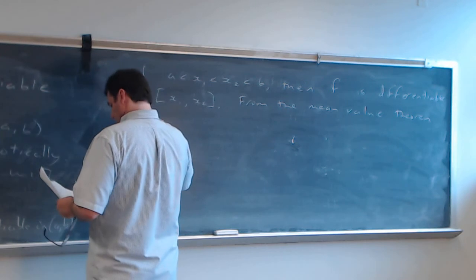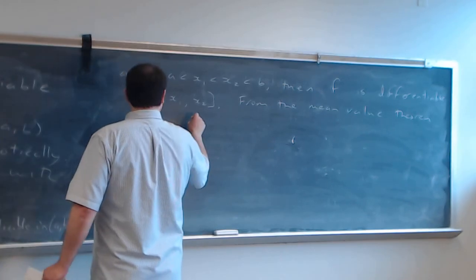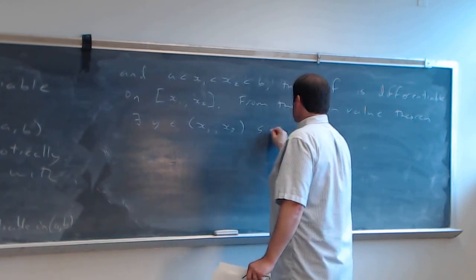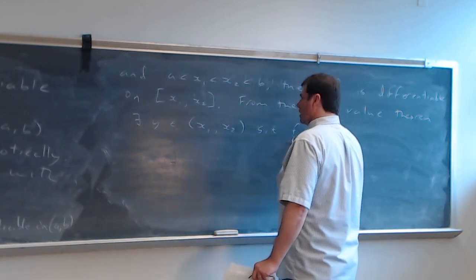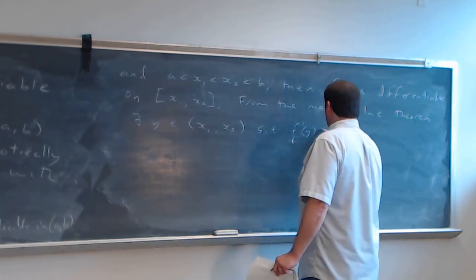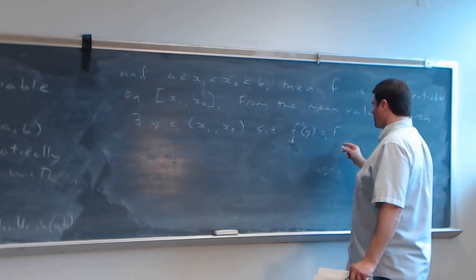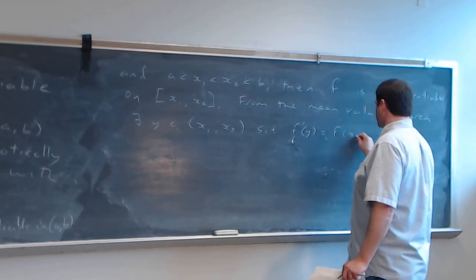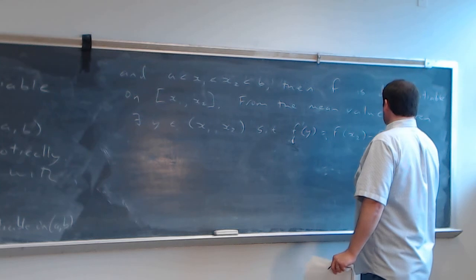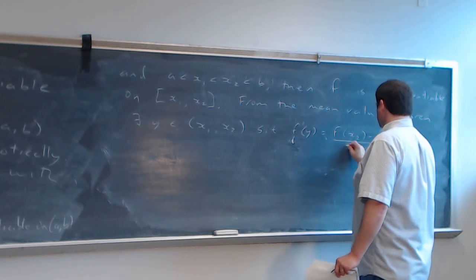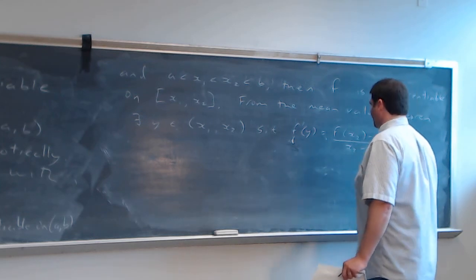We'll say there exists a y, element of x of 1 up to x of 2, such that f prime of y equals f of x of 2 minus f of x of 1 all over x of 2 minus x of 1.